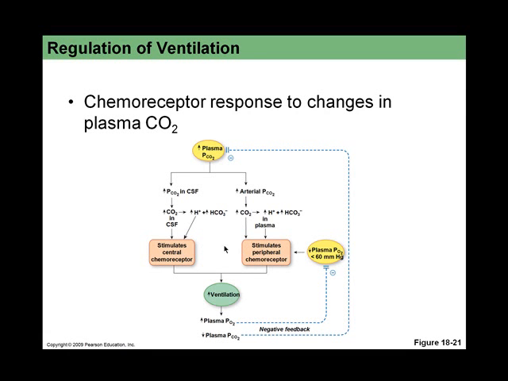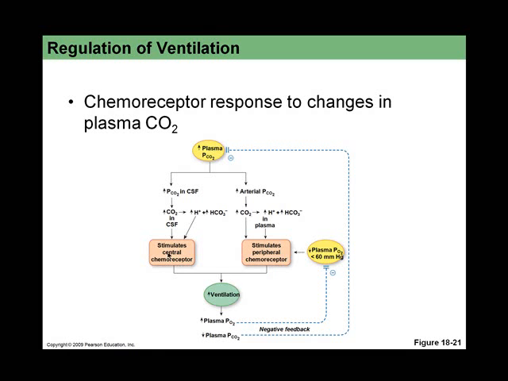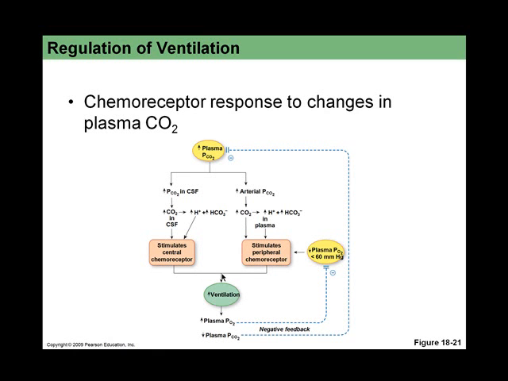So this is that comparator system, the cranial nerve 9 and 10 bringing information into the medulla, along with the local central chemoreceptors, integrating the two of them, comparing and determining how to modulate ventilation to take care of this. Is it just a central problem, or is it just a peripheral problem?